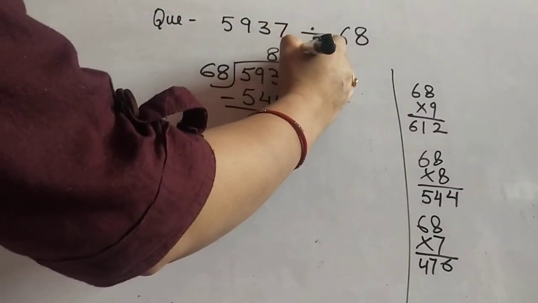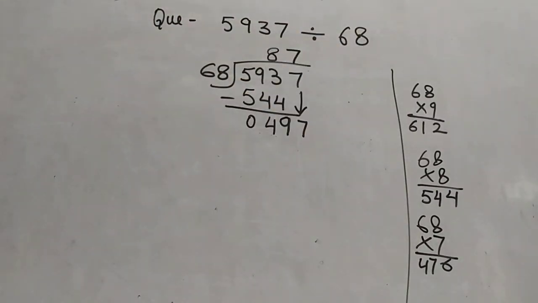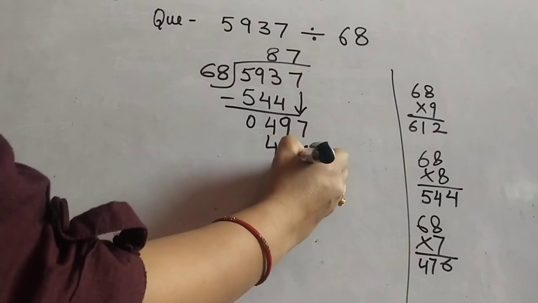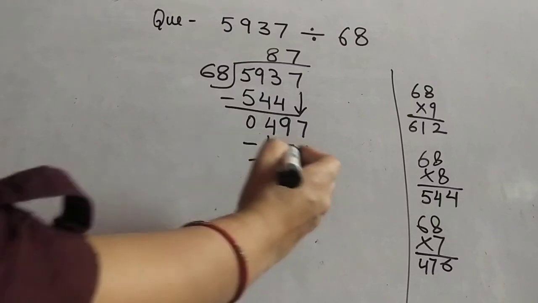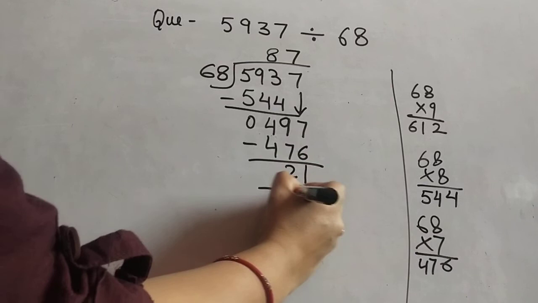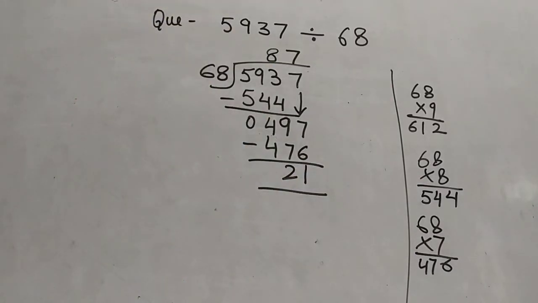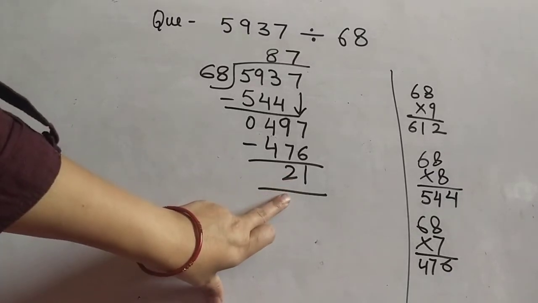So, we'll write 7 as quotient and 476. Now, subtract 476 from 497, 1 and 2. Now, we don't have any number to bring down, so this will be our remainder.